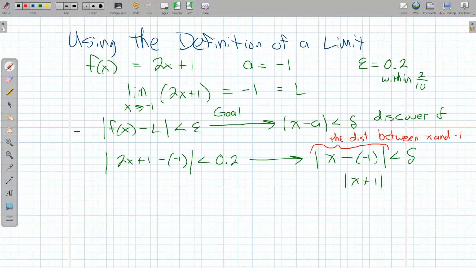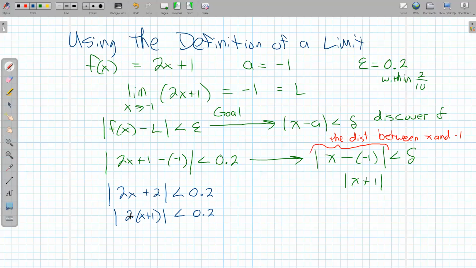So cleaning this up, let's see, what do we get? We get the absolute value of 2x plus 1 plus 1, 2x plus 2, is less than 0.2. And then, hey, I can factor out a 2 here. So this is the absolute value of 2 times x plus 1 is less than 0.2.